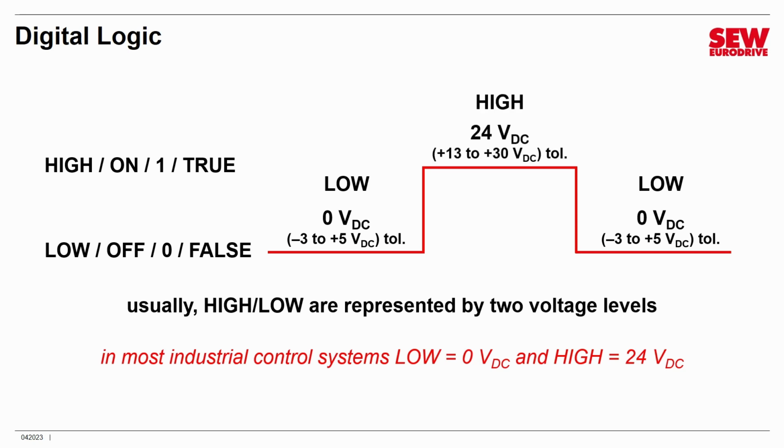A high signal is considered nominally 24 volts DC, but the official window is +13 to +30 volts DC. If your voltage falls somewhere within that space, it will be interpreted as high. So really simple. Digital logic is easy to understand. It's one reason a lot of people like it.